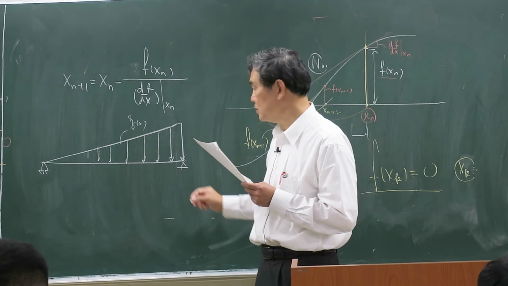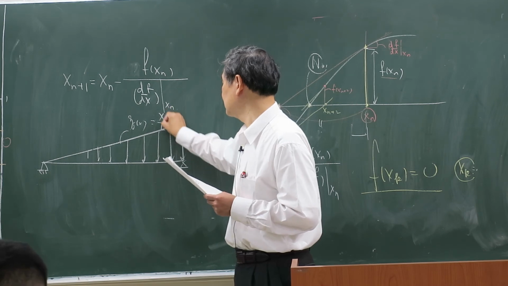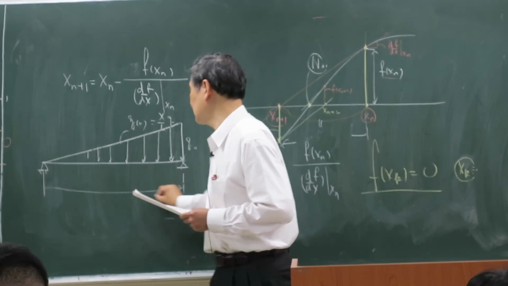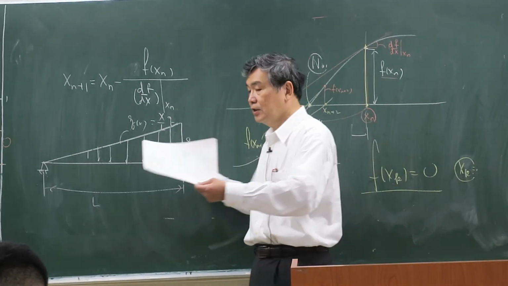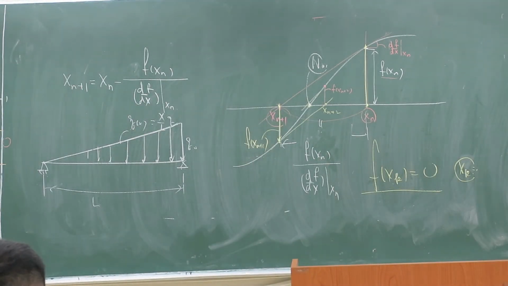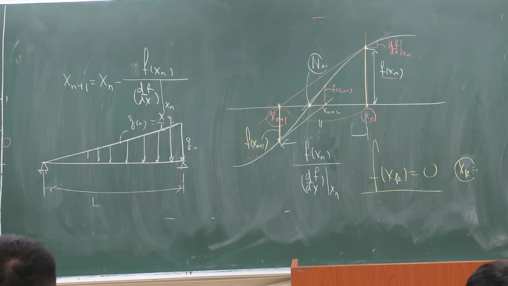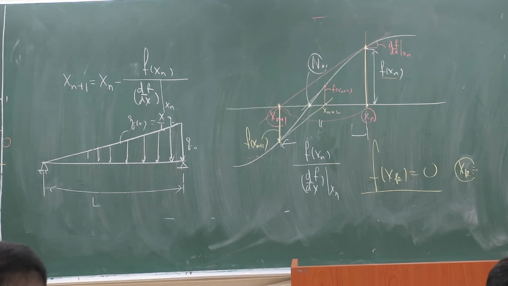The Qx is x over L times Q0. It's linear, and we also have a tension force. So you have to try to get a particular solution, using the undetermined coefficient method, as in the notes. Just look at it by yourself, right? So this is example 2. You still need to find the Q and N0.